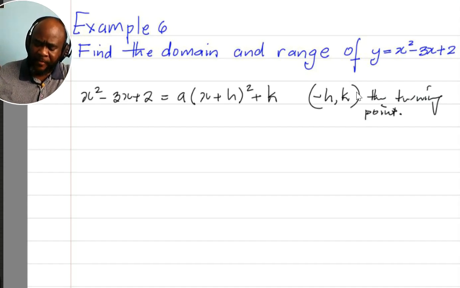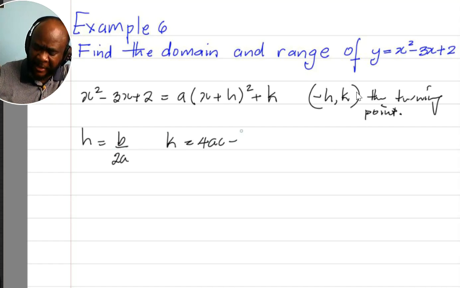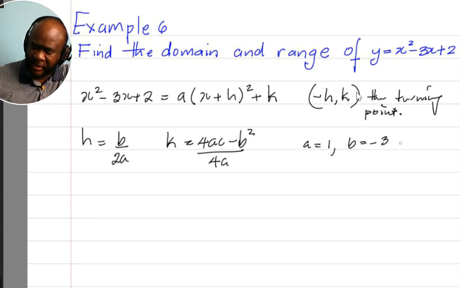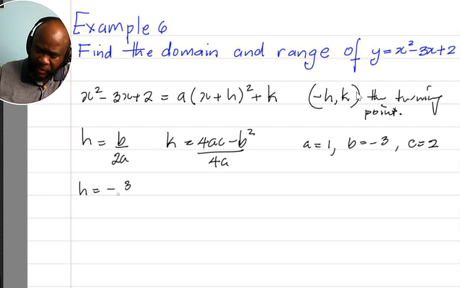Here, using a formula, h would be equal to b over 2a, and k would be equal to 4ac minus b squared over 4a. A we can see is equal to 1, b is equal to minus 3, and c is equal to 2. So that's coming from the quadratic expression. So h would be equal to minus 3 over 2 times 1, which is going to be minus 3 over 2.